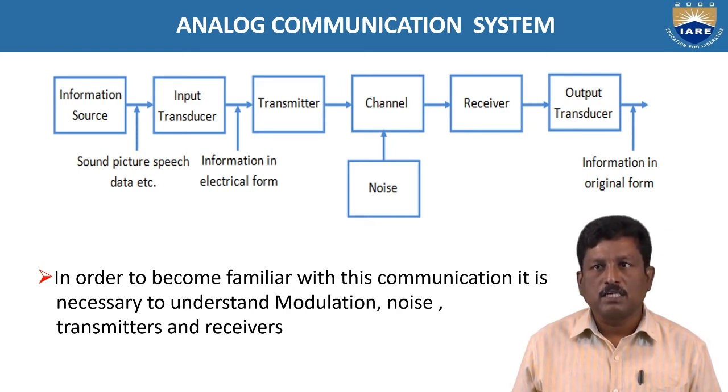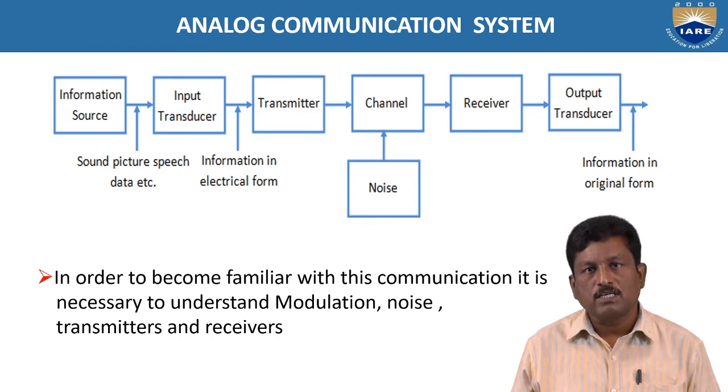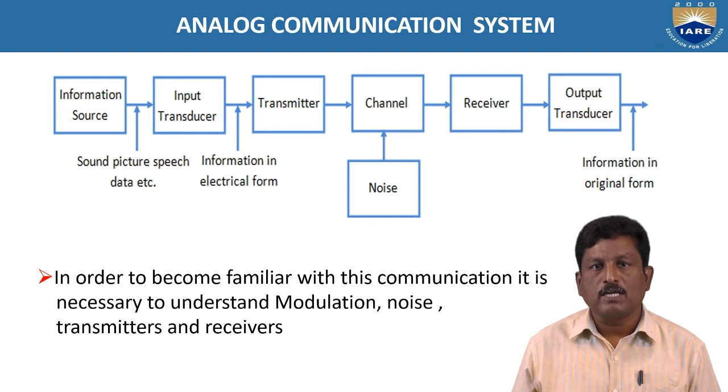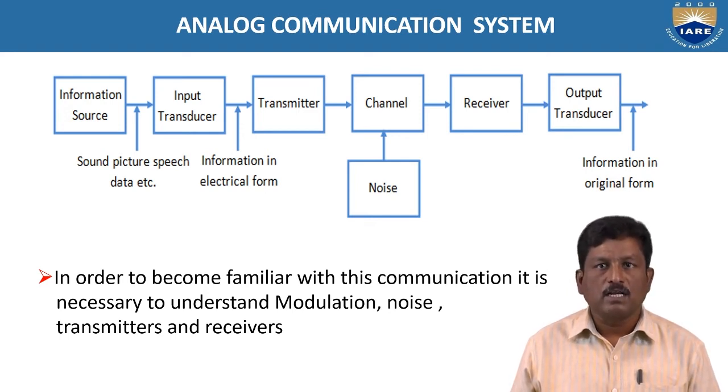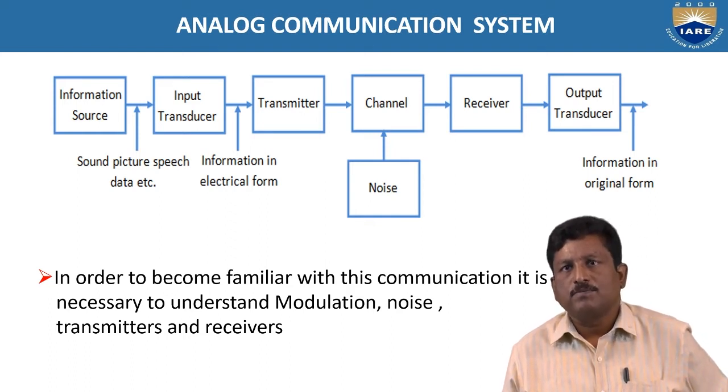An example of this is a speaker, which can generate the sound signal. So the input transducer is a microphone which converts our sound signal into electrical, whereas the output transducer, the speaker, generates the sound signal from the electrical signal input. So this is the basic analog communication system.